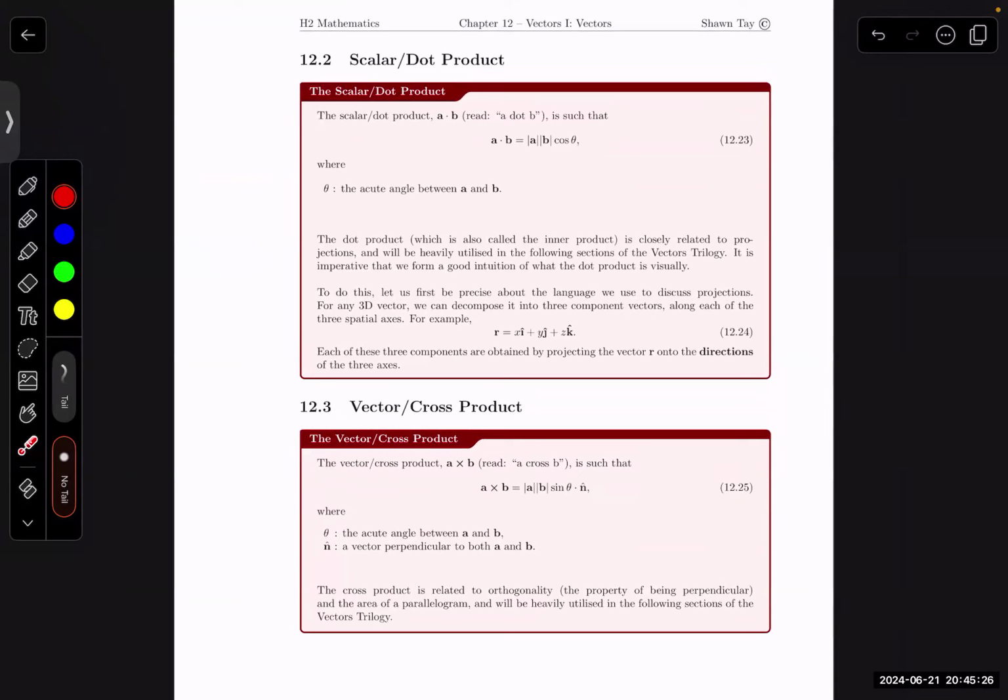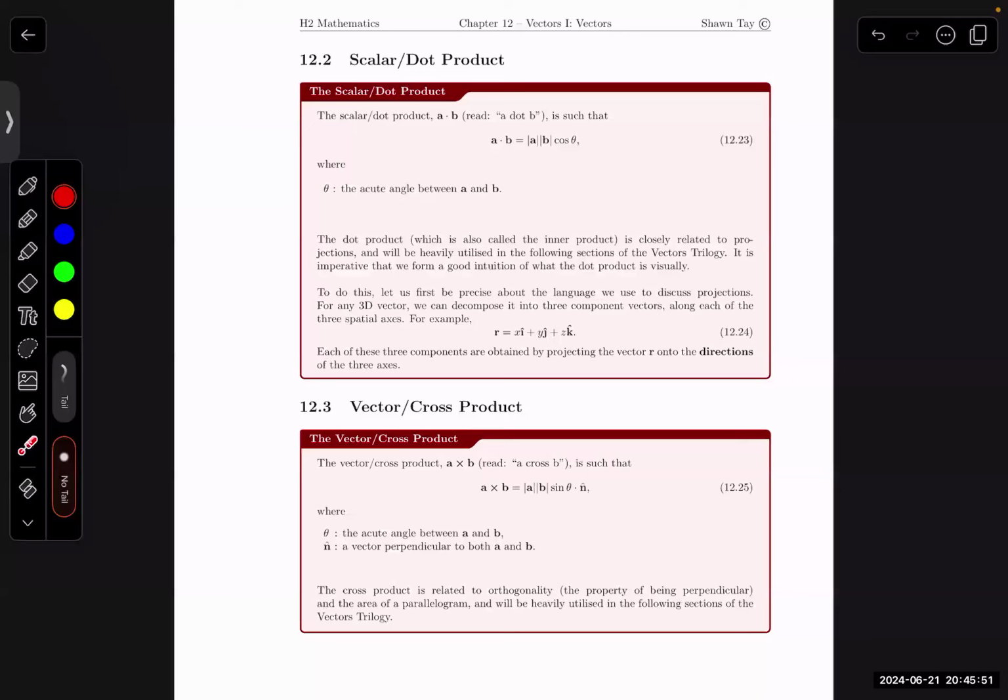So we have 2 ways of taking or finding products of vectors. Okay, unlike numbers, which we just multiply, vectors, we need to define how we take these products. It looks like multiplication, but we need to be precise which way we are taking the products.